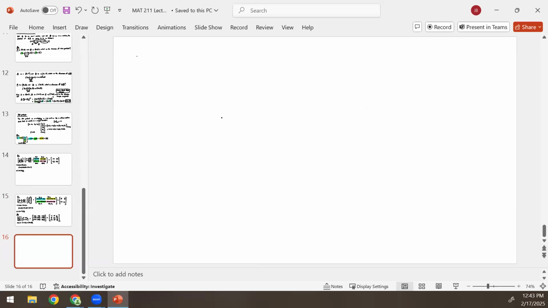So now let's talk about an important topic within matrix multiplication: the matrix equation form of a system. One of the things that we learned in chapter 1 was the system of linear equations, right?